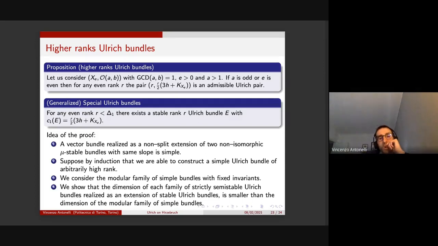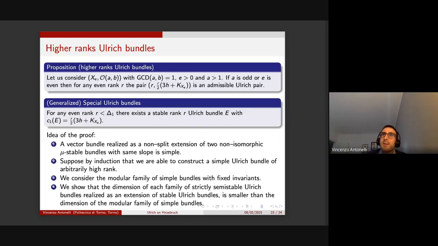And okay, so that's the first thing. And the other thing is that if you drop the hypothesis on the polarization, you're not able to have a clear picture of all the admissible Ulrich pairs.